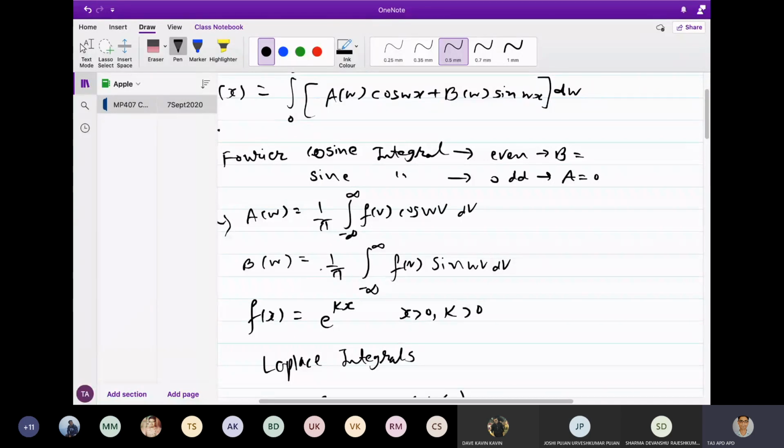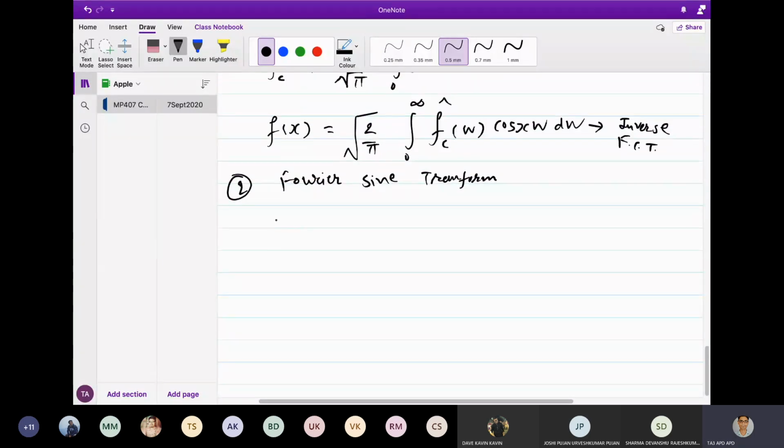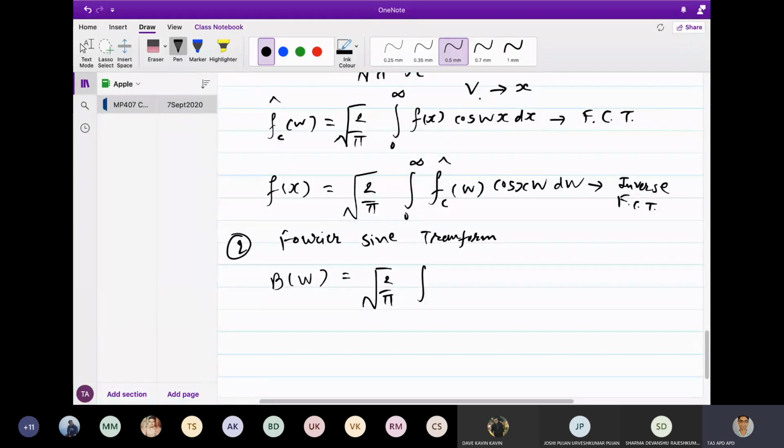Okay. So in this format, what we do, we set b to be equal to, the way we have done previously, under root 2 over pi, and again we will change the integration variable, the way we have done here, from p to x.